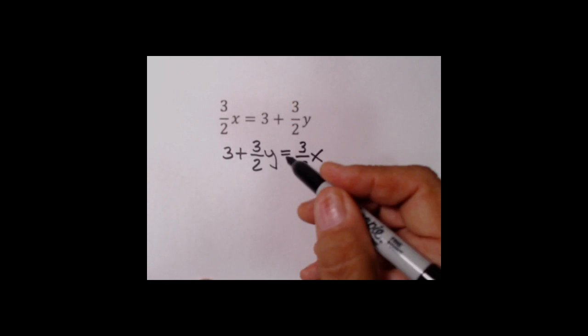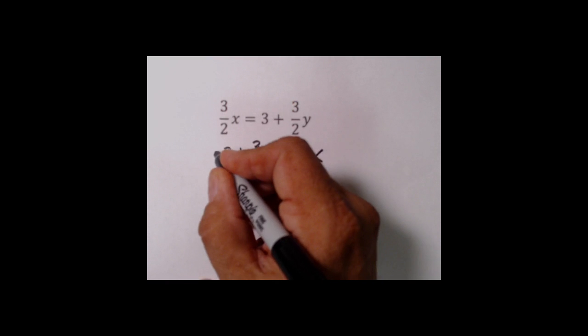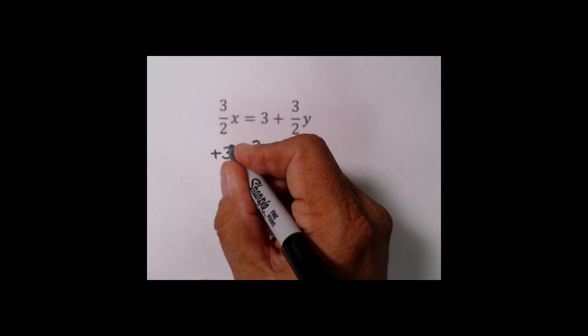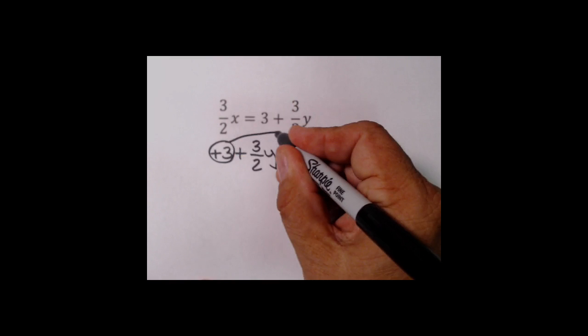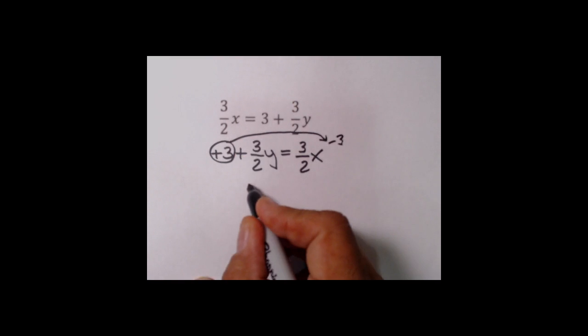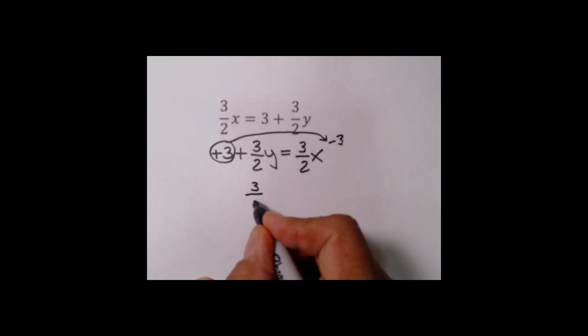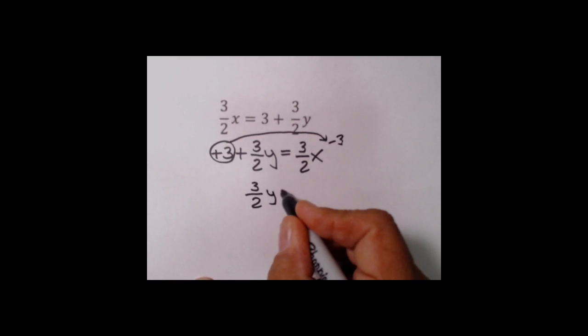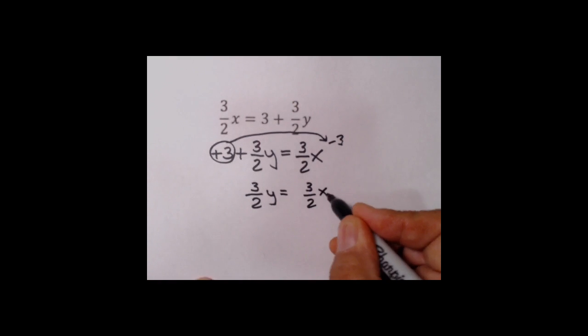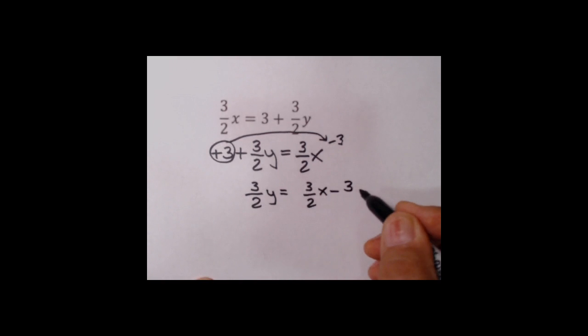Well, why do we want to do this? Because now what we do is we want to start cleaning up the left here and get it just to y equals. So the plus 3, I turn around and move that over here as negative 3. So if I rewrite this, I've got 3 halves y equals 3 halves x minus 3.